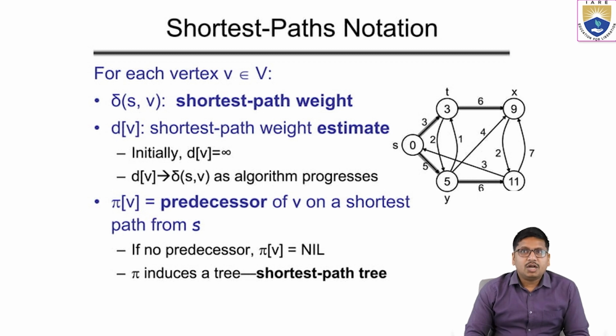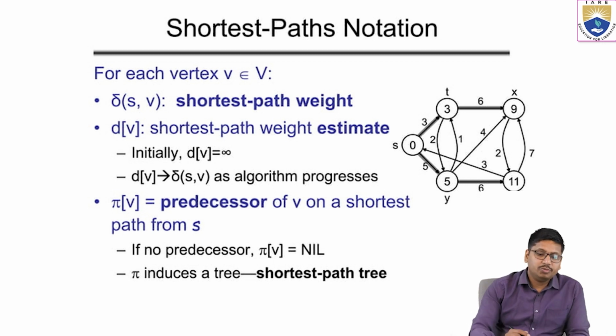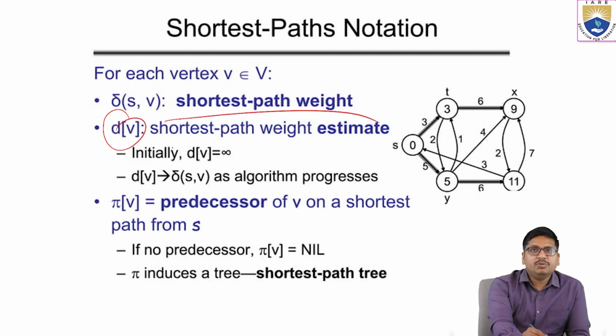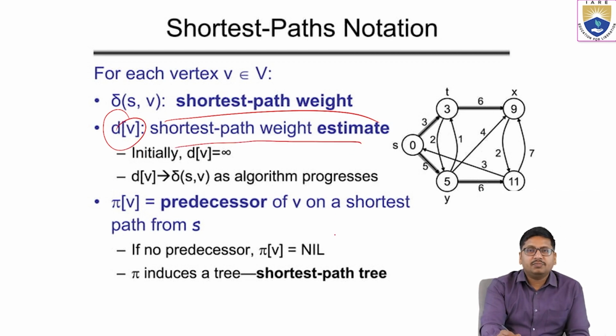What notation has to be followed for representing the shortest path? For representing the shortest path, we have δ(S, V), the shortest path weight, and the distance estimation denoted by d[V], the shortest path weight estimate. Initially d[V] is infinity.